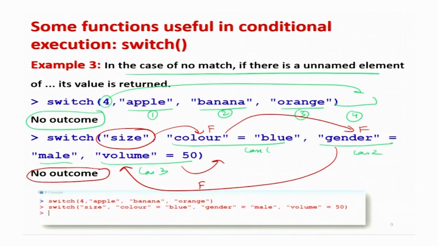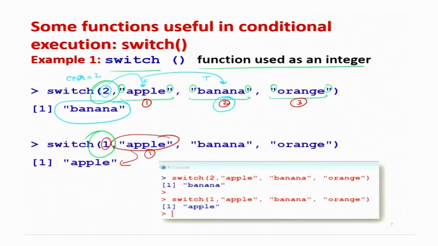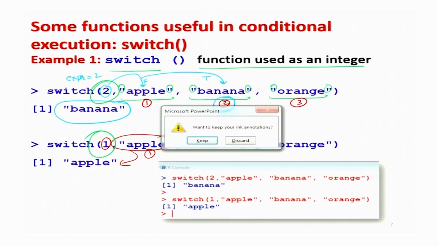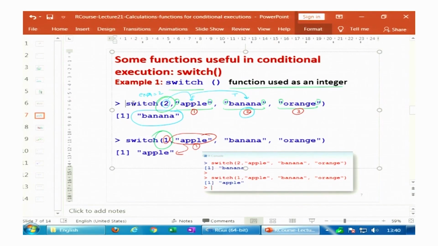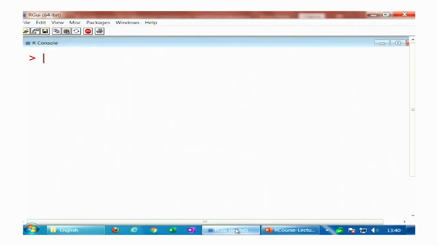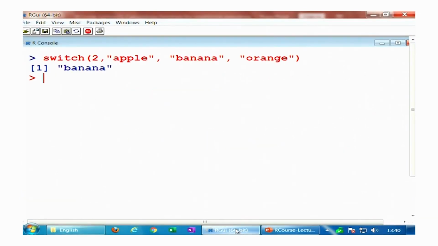So, let us first execute these examples on the R console, so that you get more confidence. I copy and paste this command. You can see that when you take switch 2, whatever is written in place number 2 comes, banana.